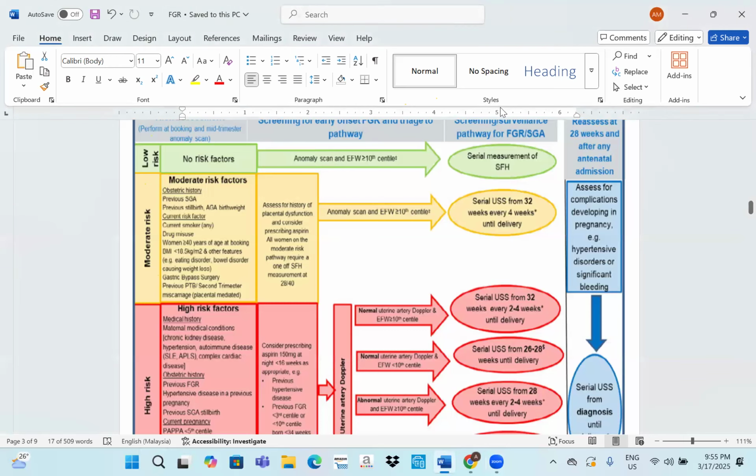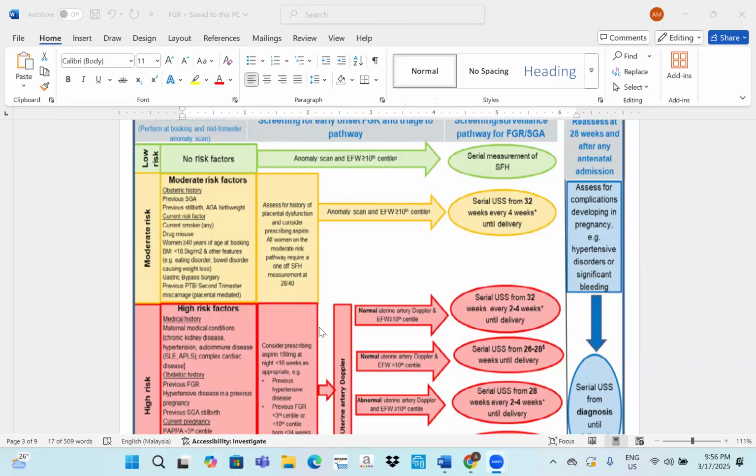Now for this patient, you will just monitor serial symphysiofundal height, because we have already checked the anomaly scan. It is more than or equal to the 10th centile, meaning this is not less than the 10th centile. I already told you if less than the 10th centile, it is SGA. So if you have a low risk patient, an anomaly scan is done, and the estimated fetal weight comes out to be less than the 10th centile, then your patient automatically falls into the high risk group.